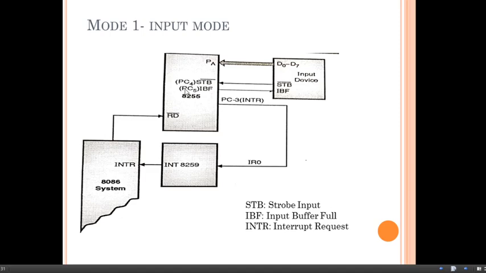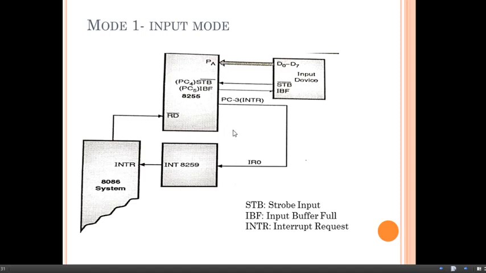This is an active high output signal of 8255. This is generated by 8255 in response to this strobe signal to give the acknowledgement to this peripheral device about the received data. The input buffer full signal indicates that a data byte is present in the input port which is latched. The IBF signal is active.